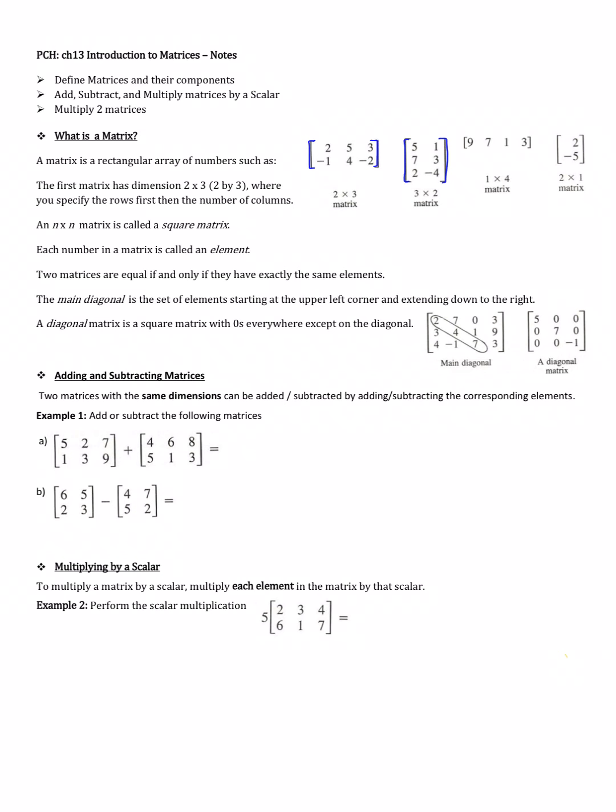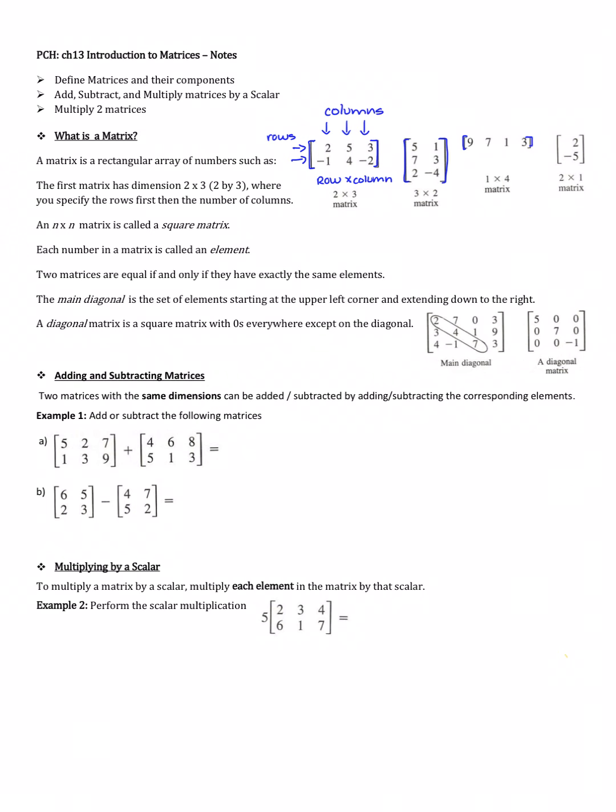Matrices are made up of rows and columns. When we talk about the dimensions, it's always the row by the column. So this would be a 2 by 3, the next one is a 3 by 2, and this one here is a 1 by 4, etc.